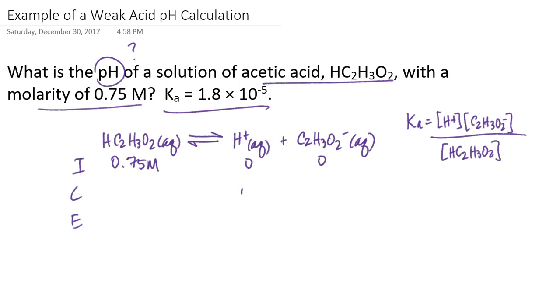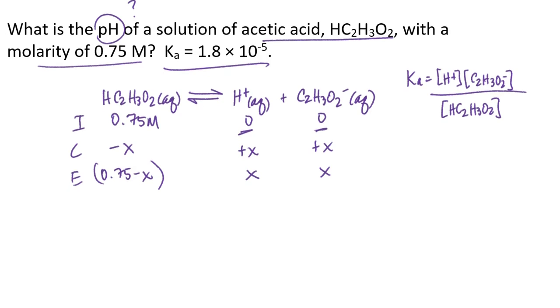I know that I'm going to gain some hydrogen ion and some acetate ion by Le Chatelier's principle, since the concentration of these species are 0. And so that means that my equilibrium concentration of each of the ions on the product side would be X, and I'm going to lose that same amount in my acetic acid. And so that equilibrium concentration expression for my acetic acid concentration would be 0.75 minus X.